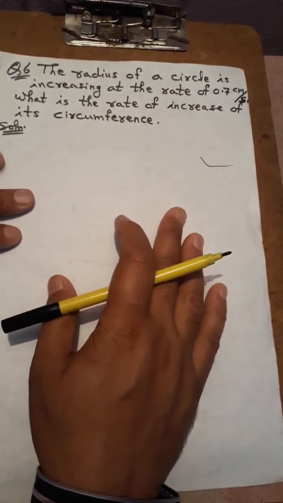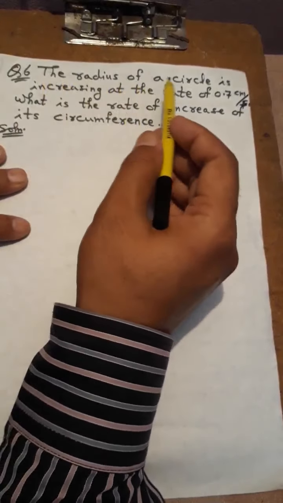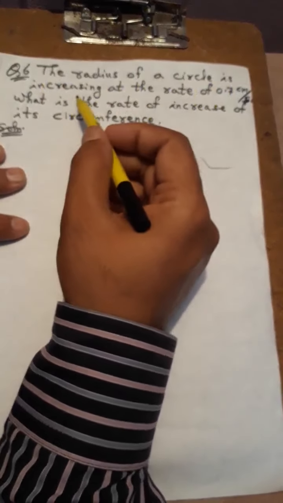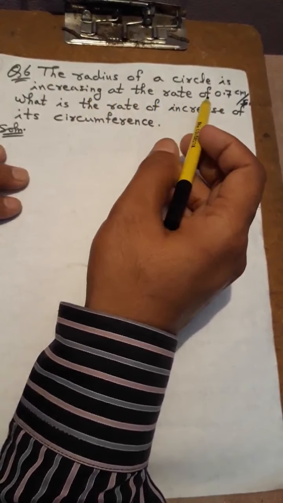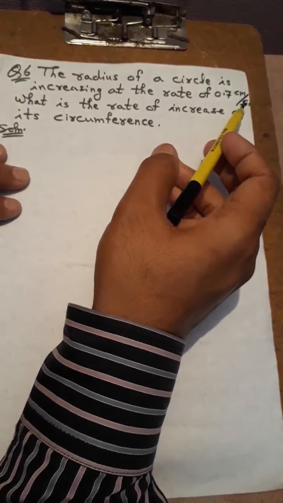Now let us take one more question, that is question number 6. The radius of a circle is increasing at the rate of 0.7 centimeter per second.